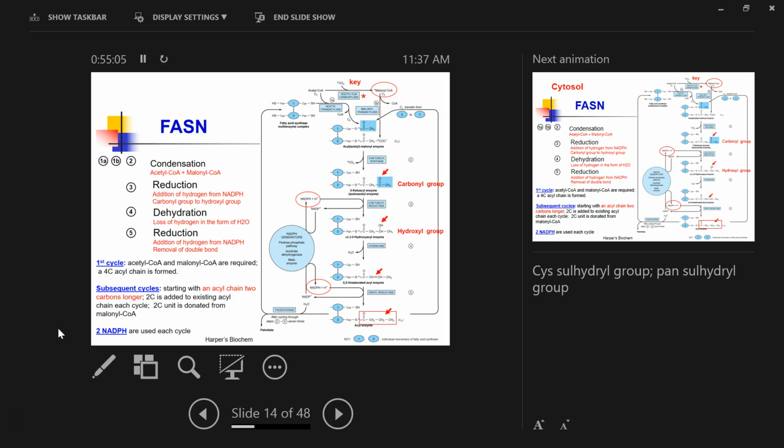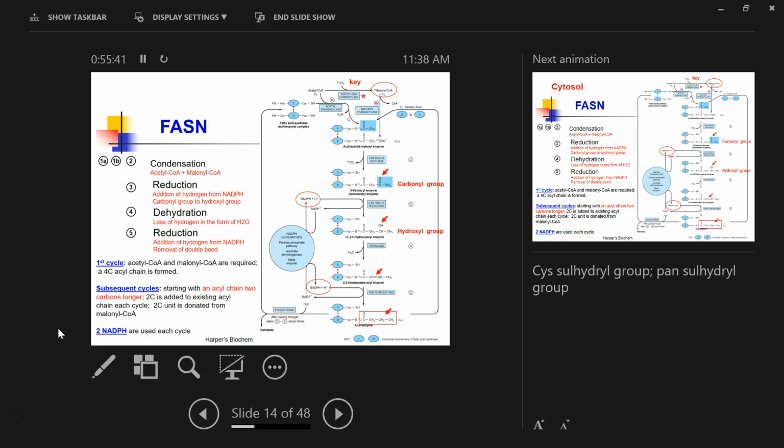And once the malonyl-CoA is synthesized, the malonyl-CoA molecule is attached to the pantetheine SH end of the fatty acid synthesis complex, and one molecule of acetyl-CoA is attached to the cysteine SH end. So this is the acetyl-CoA, and this is the malonyl-CoA.